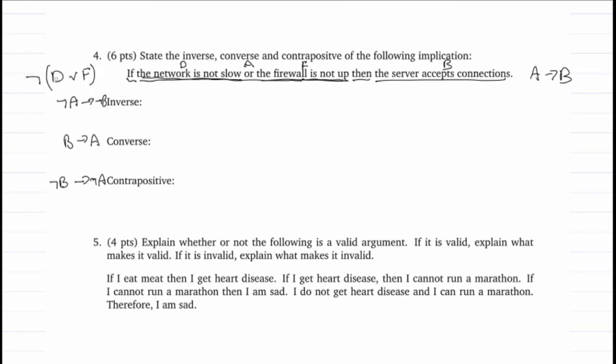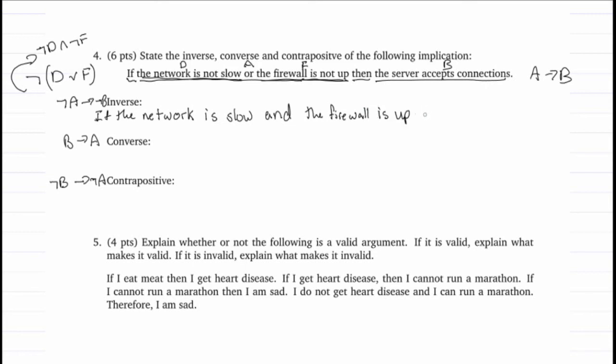When you distribute a negation, you end up getting not D and not F. We can write that out in words: if the network is slow and the firewall is up, then, looking at the second part, the server accepts connections.